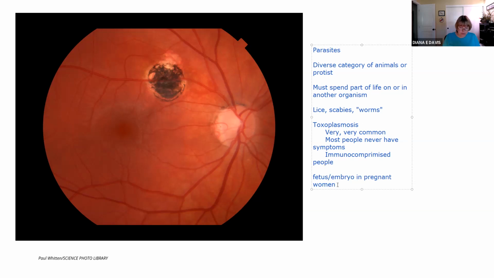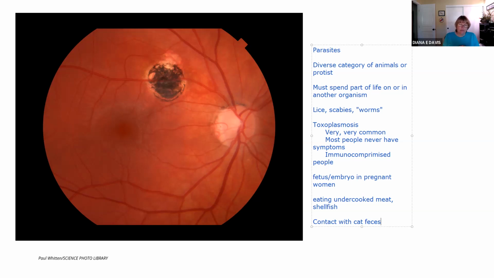You can get this through contact or eating undercooked meat or shellfish. And most commonly in modern humans, contact with cat feces. This is why pregnant women are not allowed to clean litter boxes.